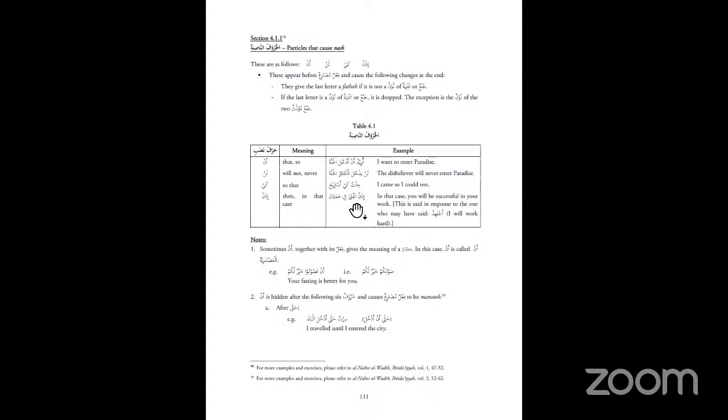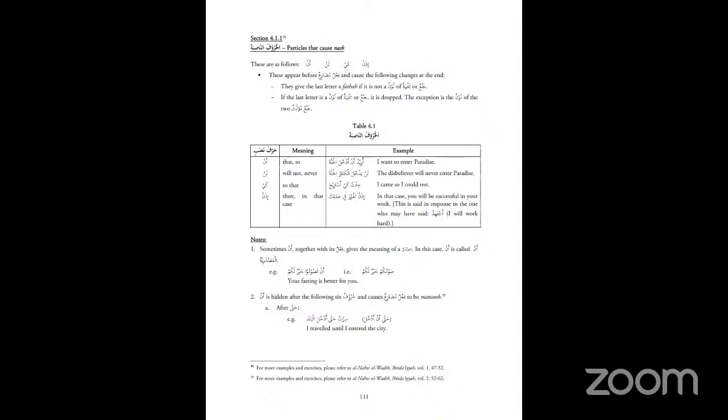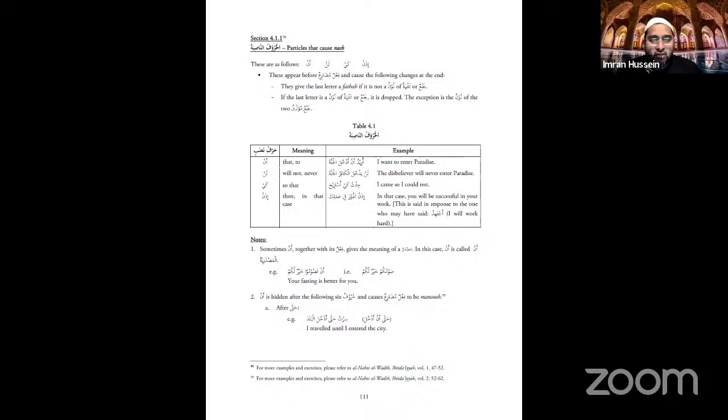And the default position of the present tense verb, the last letter should end with a dhamma, correct? Yadhribu. So when a present tense verb takes a dhamma, or a noon with a kasra in the dual or the plural, it's called halatul raf.